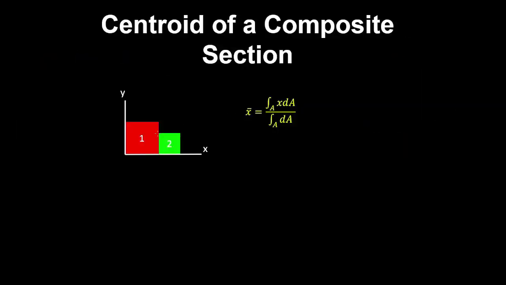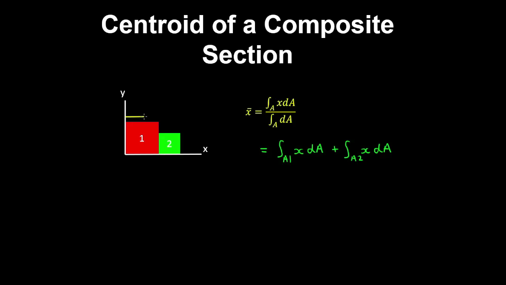To find the centroid of a composite section, we can break up the expression for the centroid using piecewise integrals. So we can integrate over the area of section 1, so we integrate x over the area, and we do the same thing by integrating over the area of section 2.